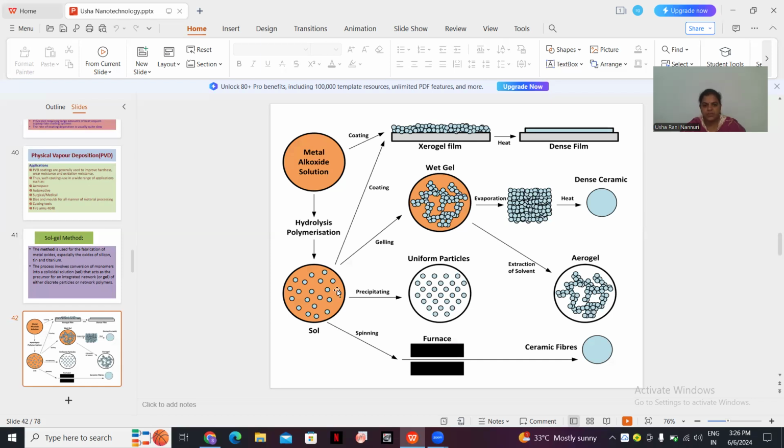By gelling of the sol, a wet gel is formed, and by evaporation and heating, dense ceramic powder is formed. By precipitation, uniform solid particles are formed. Then aerosol is formed, and finally we get ceramic fibers.